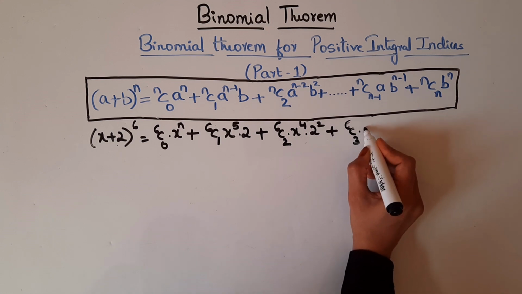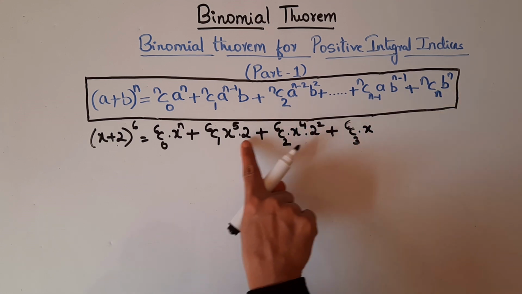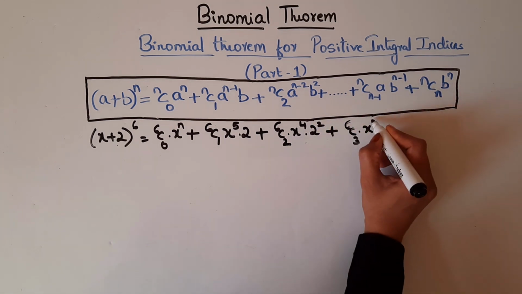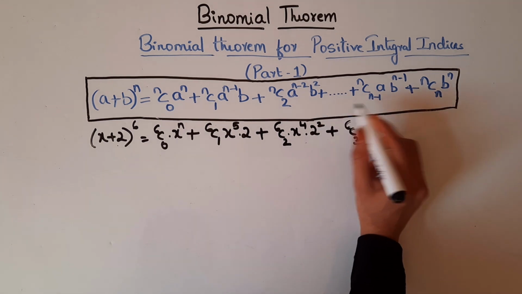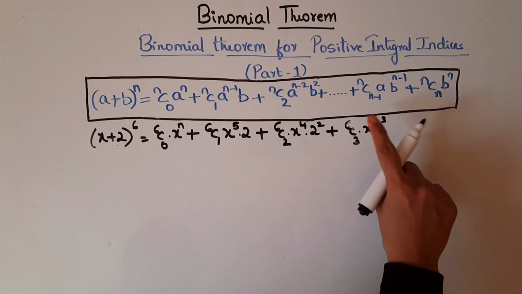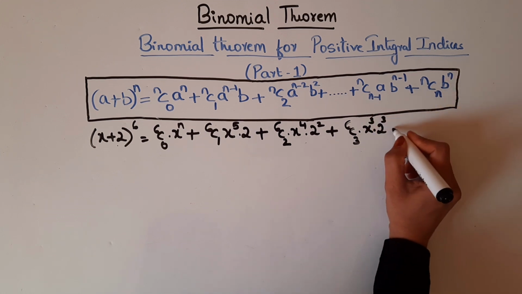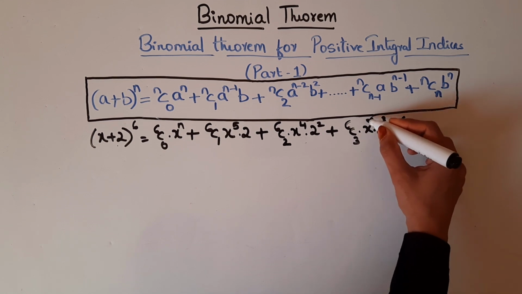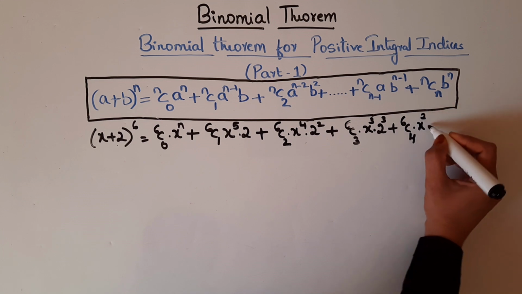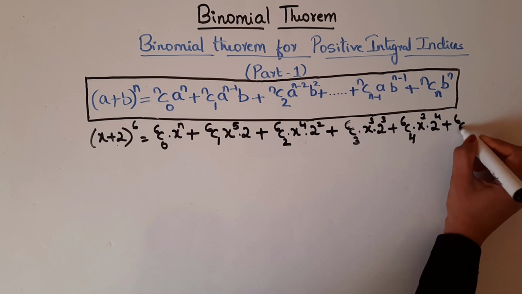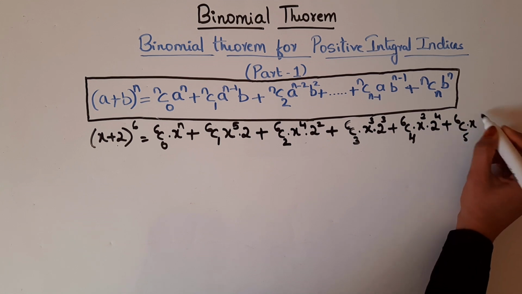6C3 into x power, the a power keeps decreasing and b power increases, right? So we have x^3 into 2^3. This is increasing, right, up till n, the nth term is this. So plus 6C4 into x power decreasing, so x^2 into 2^4 plus 6C5 into x^1 into 2^5.